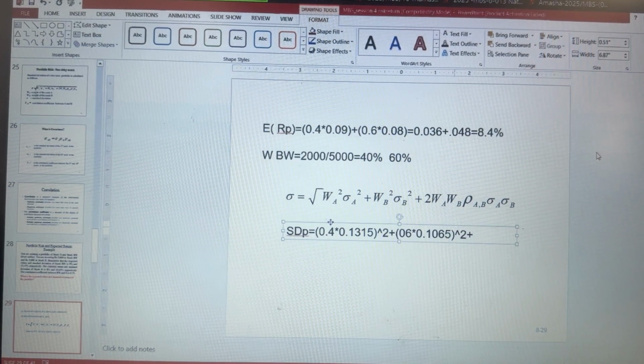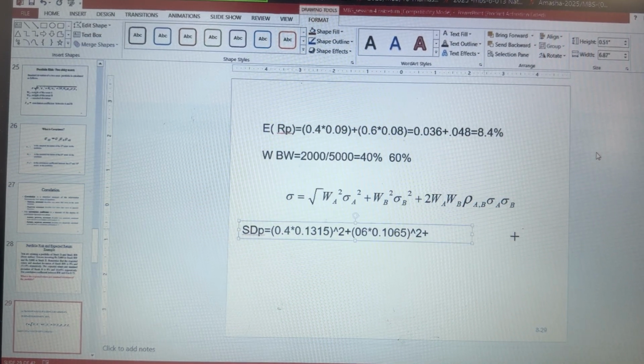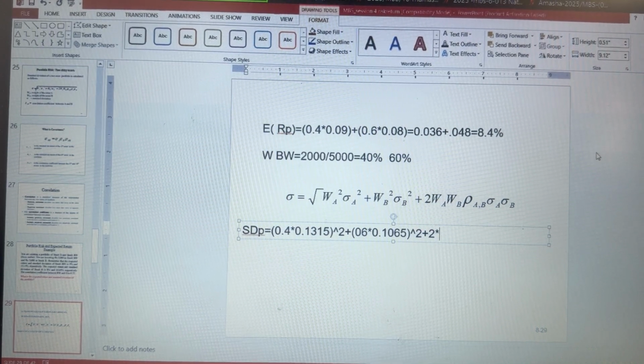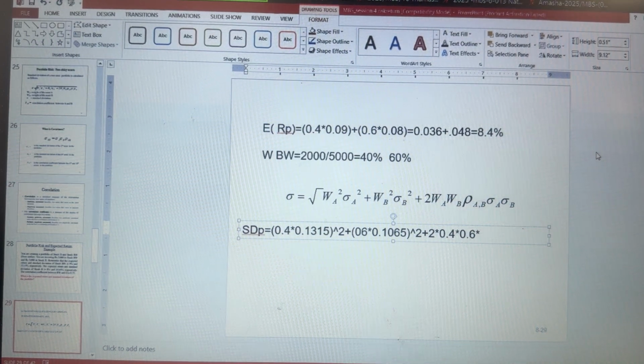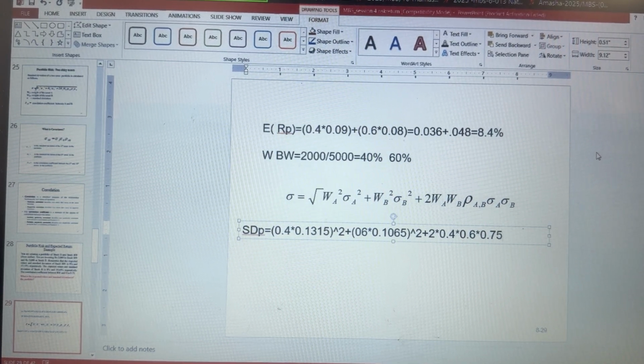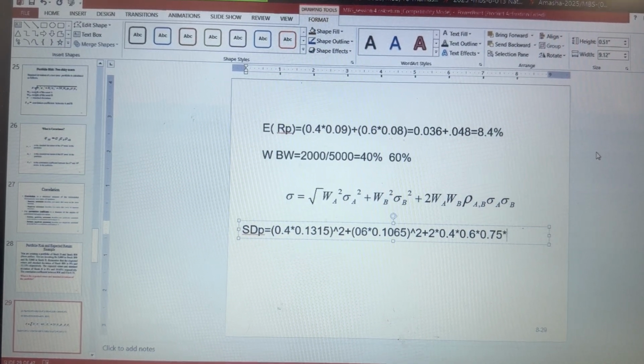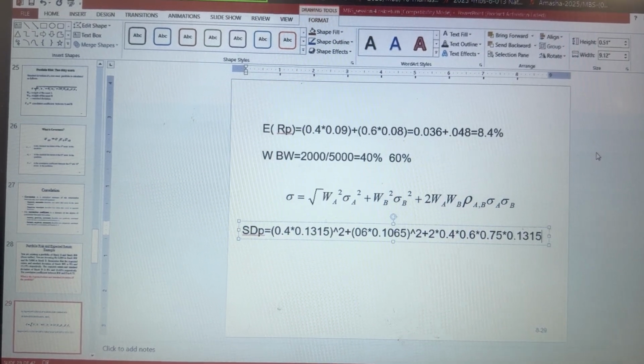That is given for you: 2 multiplied by weights. First weight 0.4, second weight 0.6. Then the correlation coefficient given in this example, 0.75. Then the standard deviation of A, given as 0.1315.